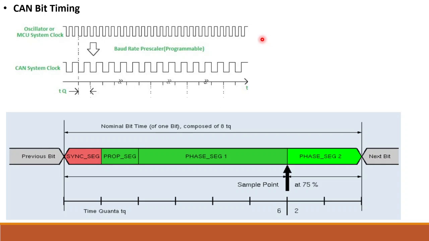When does hard synchronization happen? When the receiver sees a recessive to dominant transition. The start bit of each frame always has a recessive to dominant transition. Whenever this edge occurs, from recessive to dominant, at that time we restart the nominal bit timing. We start from here. So this is hard synchronization.